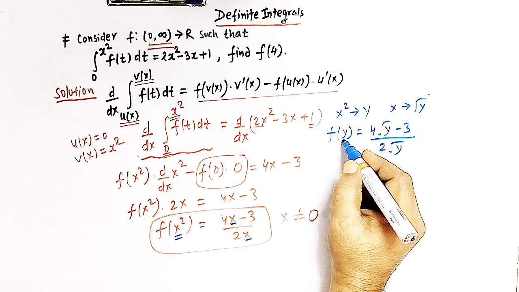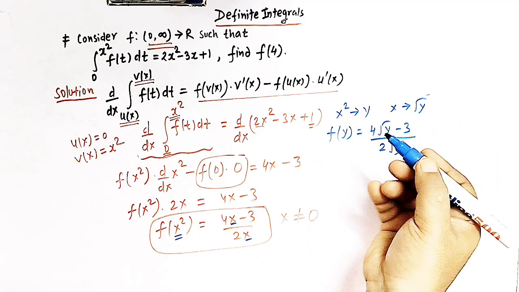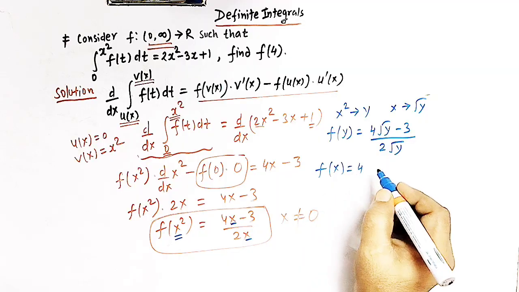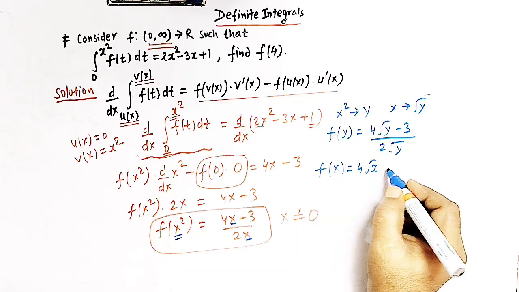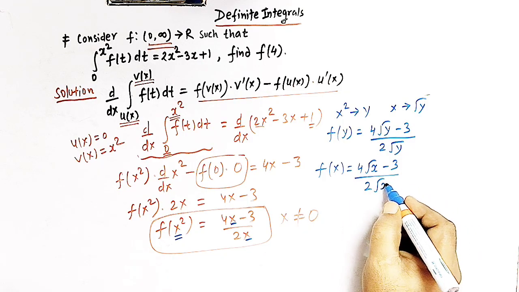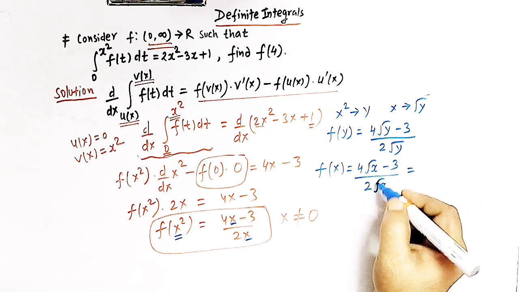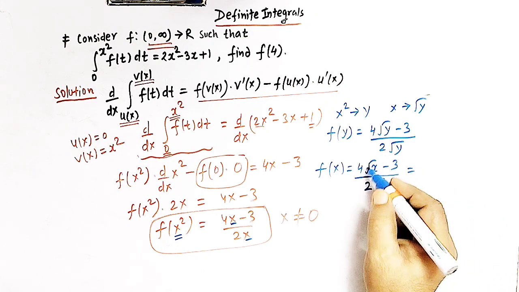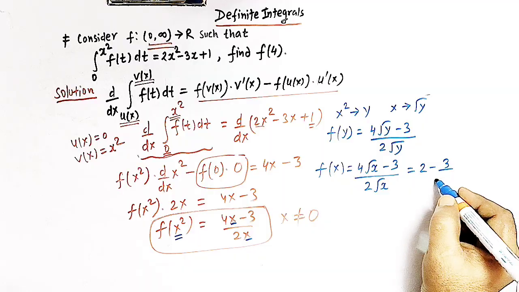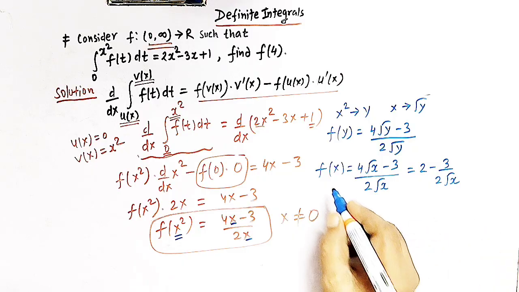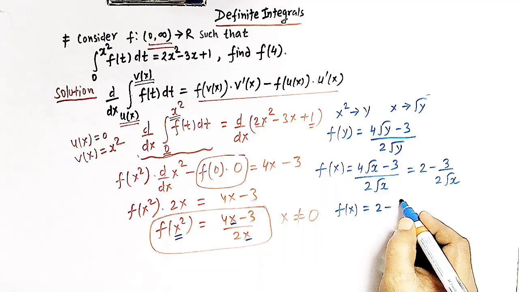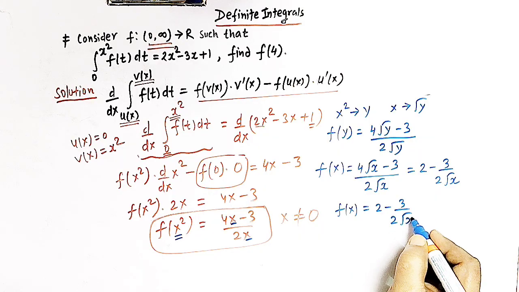Now again replacing the variable y by x in the usual notation. So we have f of x is equal to 4 times square root of x minus 3 divided by 2 times square root of x. So now separating the terms, we can also write this expression as 2 minus 3 over 2 times square root of x. So our function f of x is equal to 2 minus 3 over 2 times square root of x.